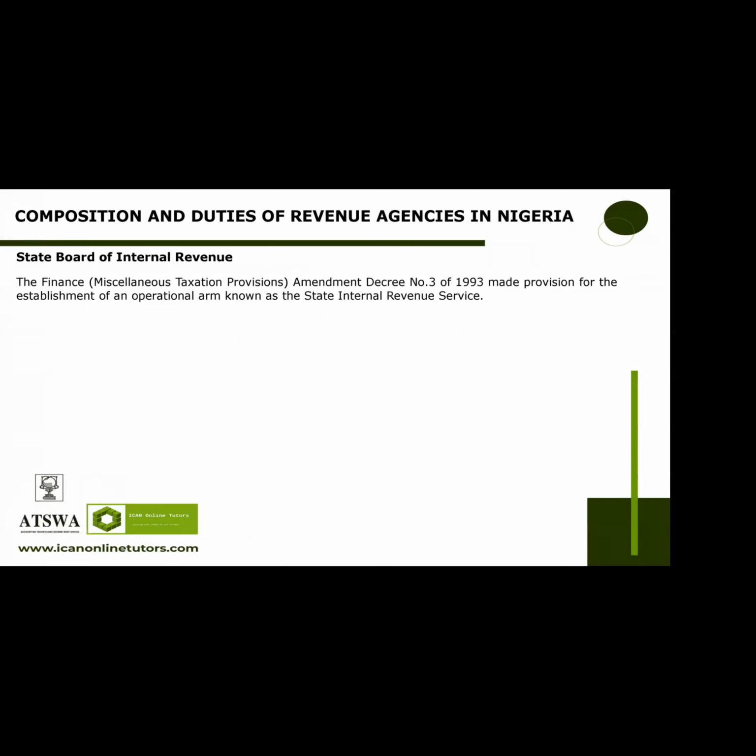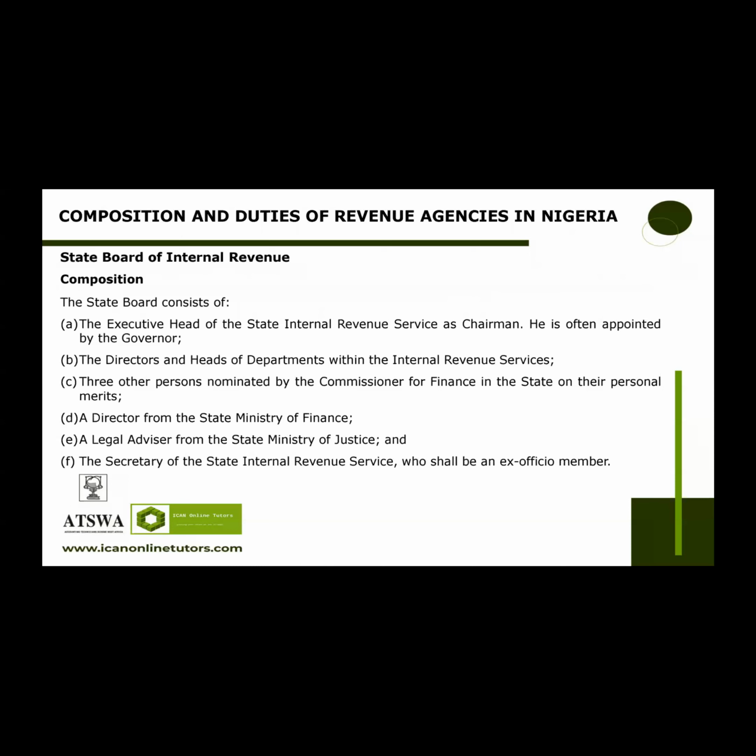Now let's look at the composition of the State Board of Internal Revenue. The State Board of Internal Revenue shall consist of, one, the executive head of the State Internal Revenue Service, as the chairman, who is often appointed by the governor.